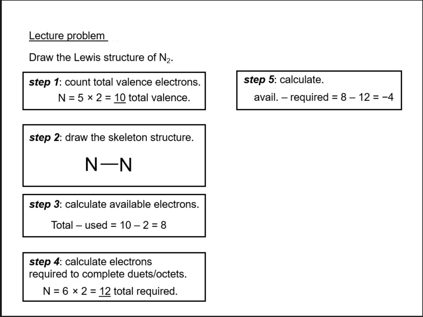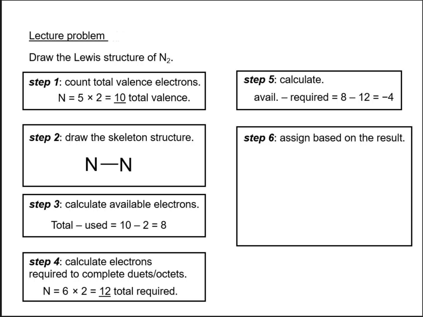Now in step 5, if you end up with a negative number, it means that you expect to see a double bond or a triple bond. You expect to see extra bonds. So it's negative 4, and each bond is composed of 2 electrons, so that gives you 2 extra bonds. Now the 2 extra bonds go in between the 2 nitrogens. So here is one of them, and here is the other one.